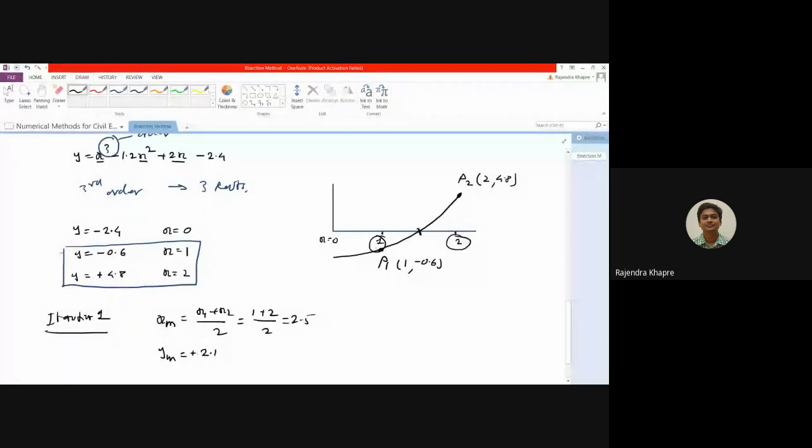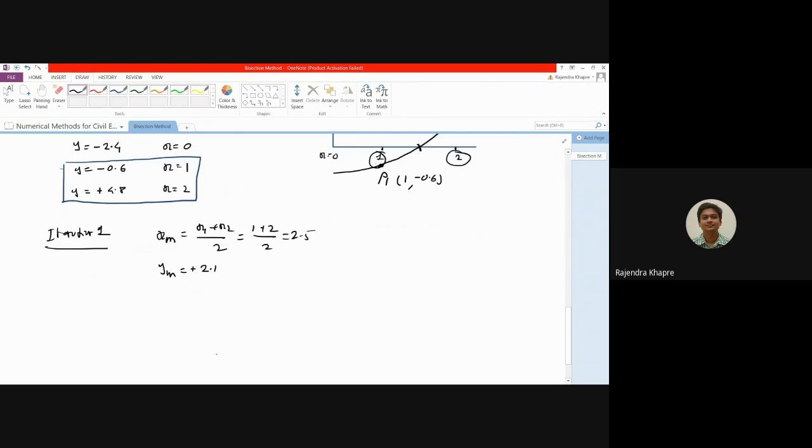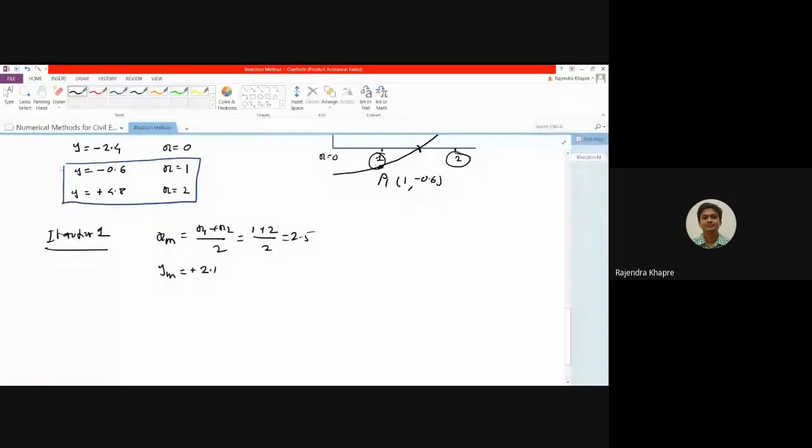Please, there is one instruction. Please maintain at least 3 to 4 digits while answering these questions. Is it exactly 2.1 or are there some more digits after 2.1? Exact 2.1? Okay, fine. Sorry, my mistake, it is 1.5.